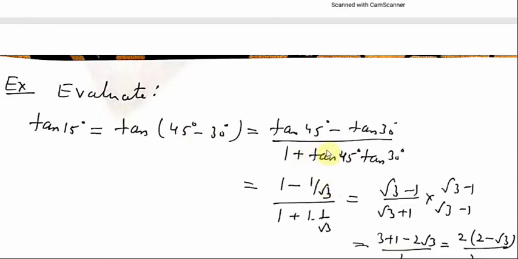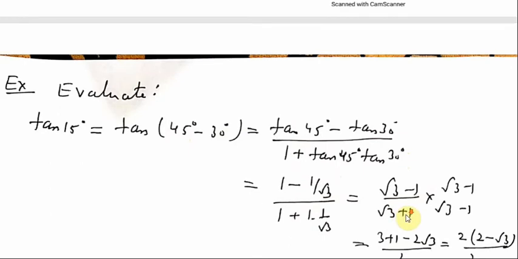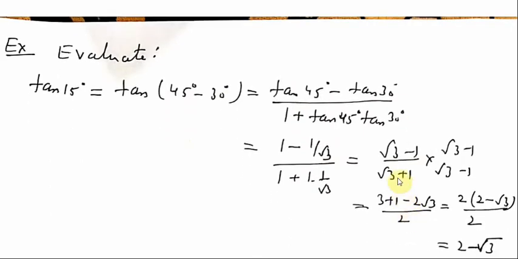Similarly, put the values of tan 45 and tan 30 in the denominator, and now take the LCM of numerator and denominator. We have (root 3 minus 1) upon (root 3 plus 1). Now a square root is there in the denominator, that's why we rationalize it. So we multiply numerator and denominator by (root 3 minus 1).